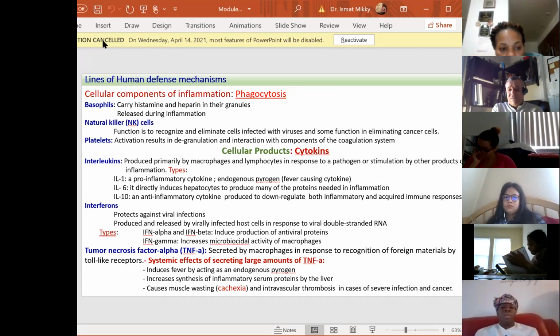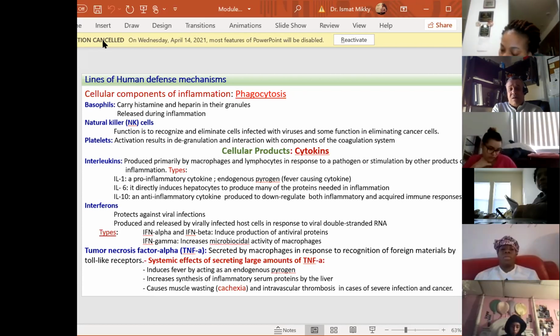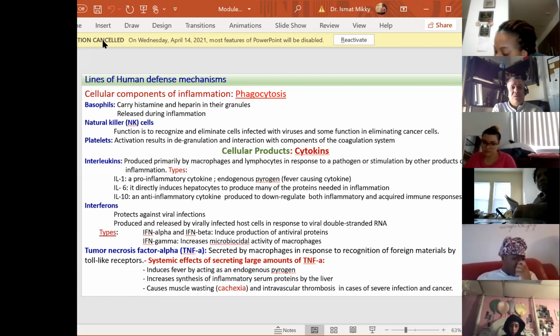TNF, tumor necrosis factor, is another one. For example, fever would be induced by the TNF. It also can cause the wasting of the muscles, which results in what is called cachexia. When you say a patient is cachectic, it means the patient is like skin and bone.